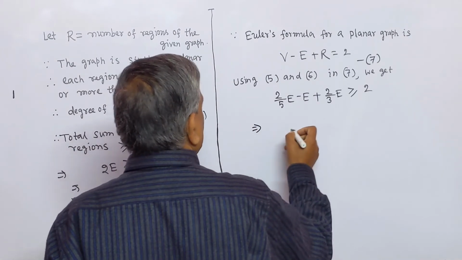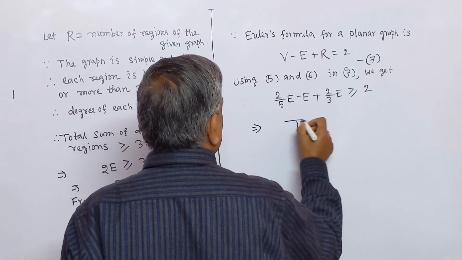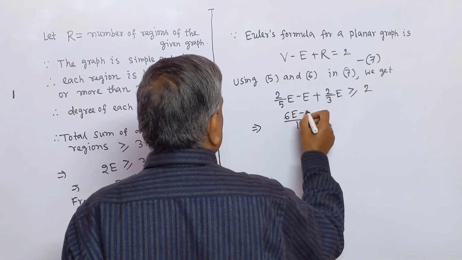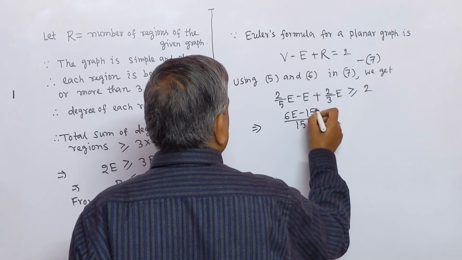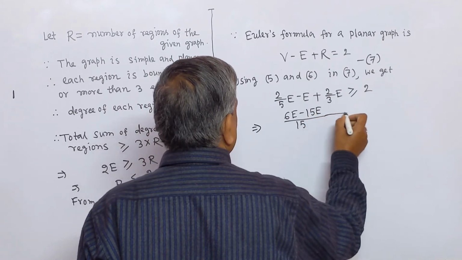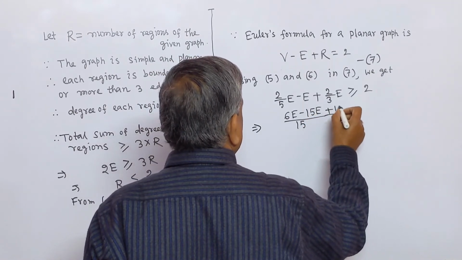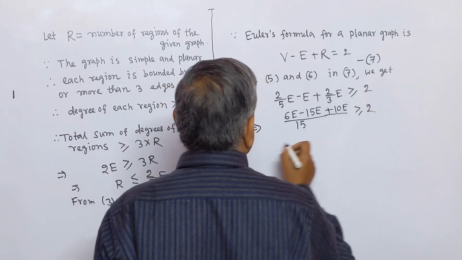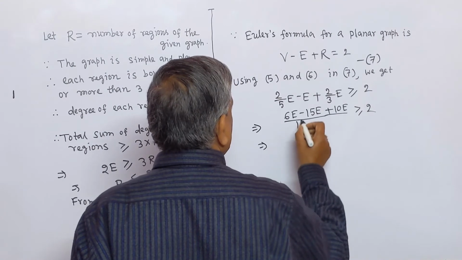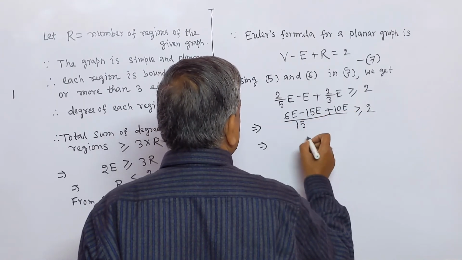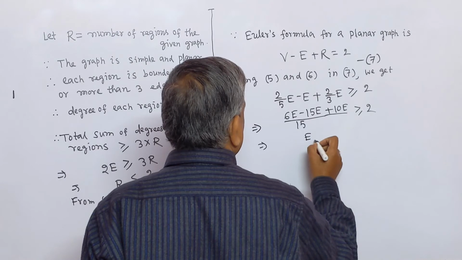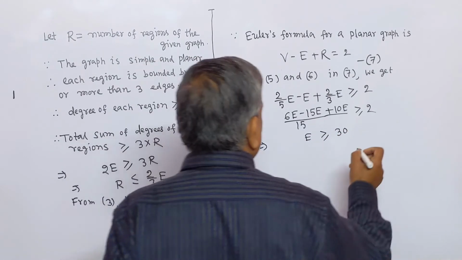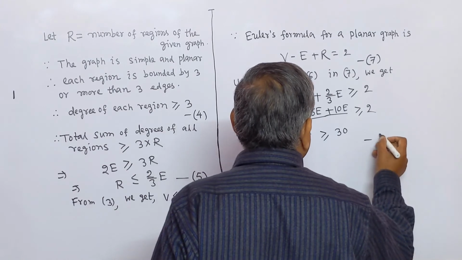This implies 6E minus 15E plus 10E is greater than or equal to 2, which implies 16E minus 15E is greater than or equal to 30. This is number 8.